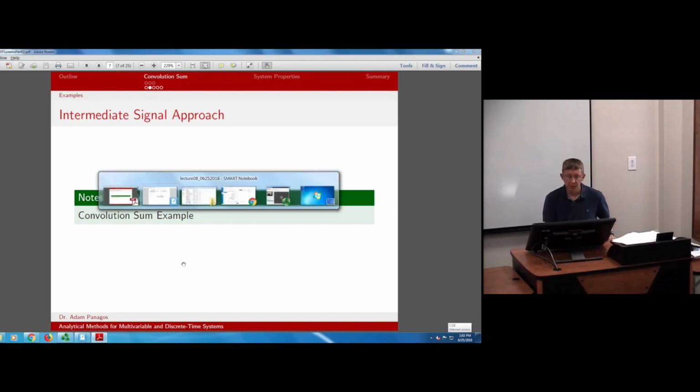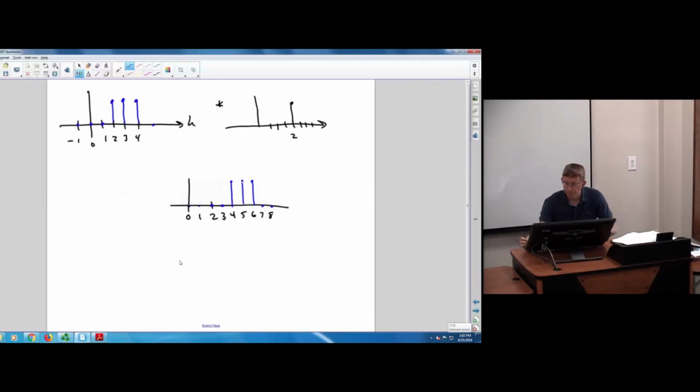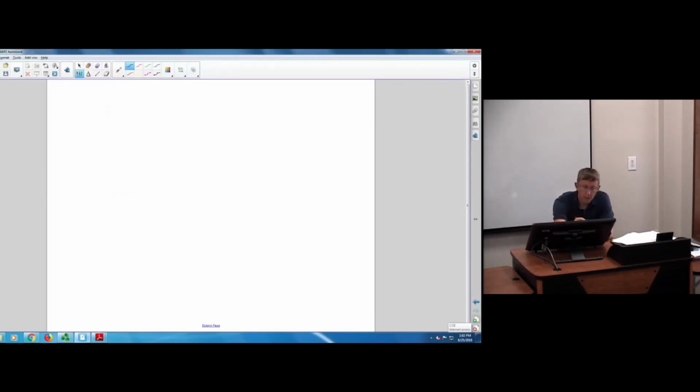Convolution sum example. Here are the signals that we will deal with.